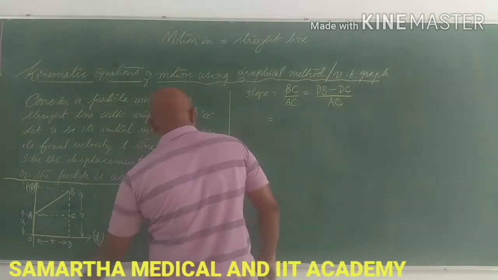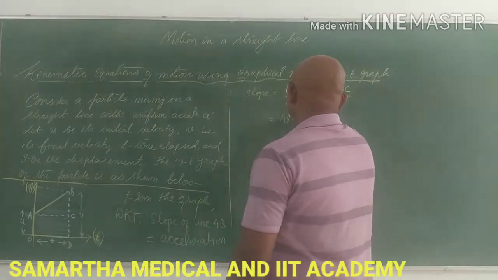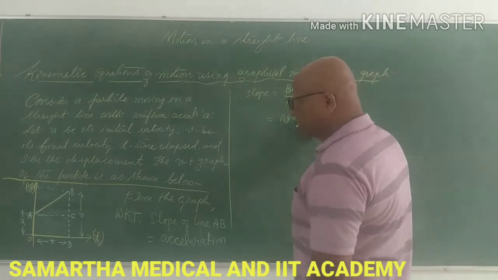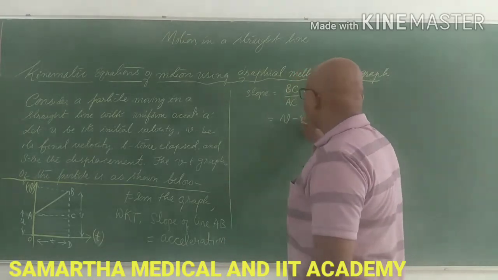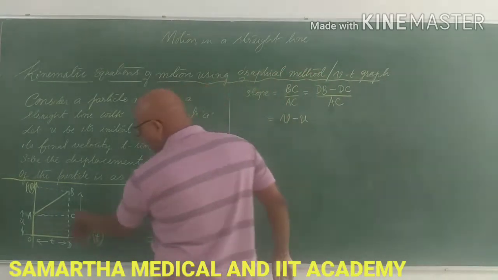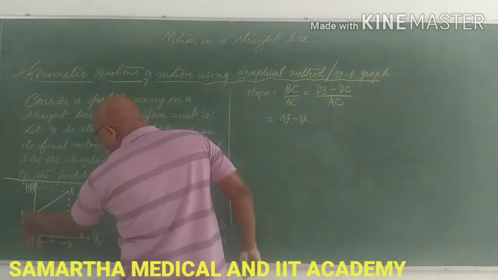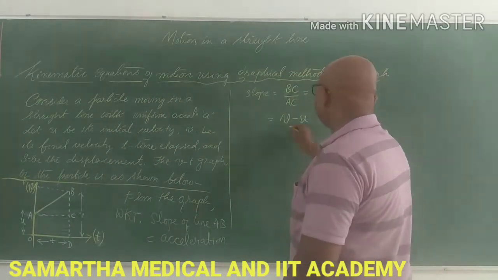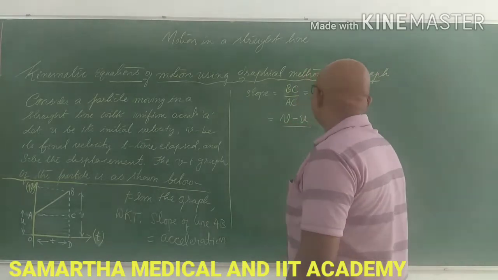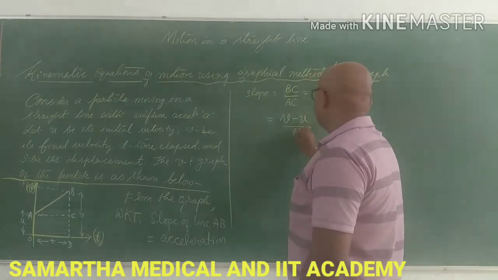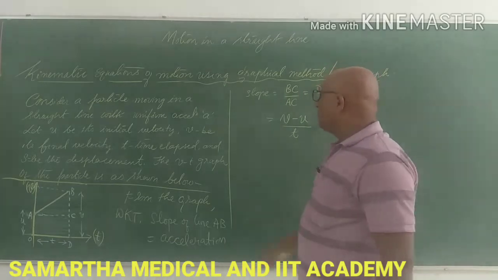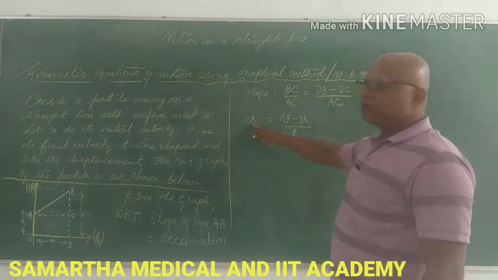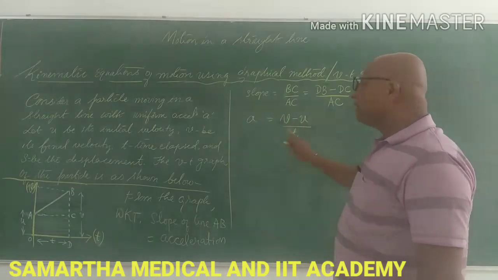V is the final velocity, so dV must be written as v. dC must be written as u, right? You see, dC and OA both are same. We can directly write V minus U divided by AC. What is AC actually? AC is time. What is slope according to the definition? Acceleration is equal to V minus U divided by t.